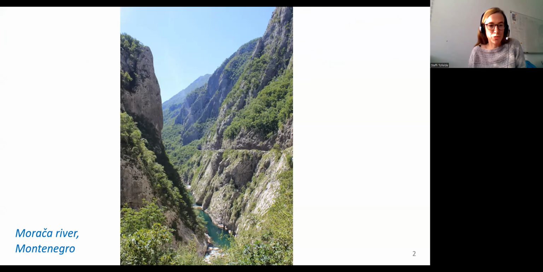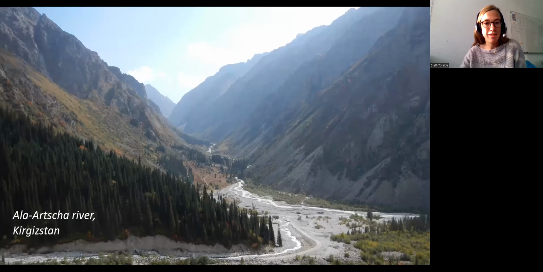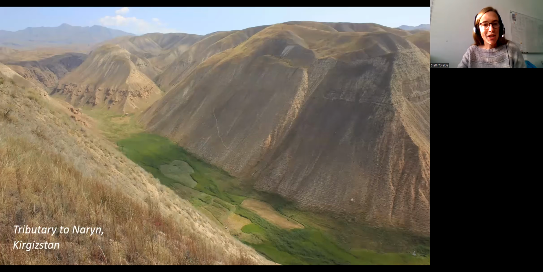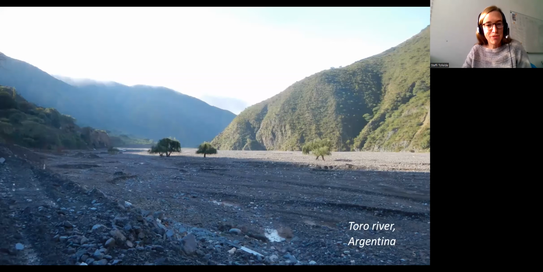The first example we can see here is the Muraca River in Montenegro. The second example is a river in the Ala Acha National Park in Kyrgyzstan. Then we have a tributary to the Narin River, also in Kyrgyzstan. Then we jump, quite a big jump, to South America.